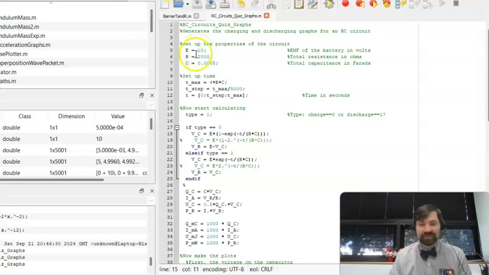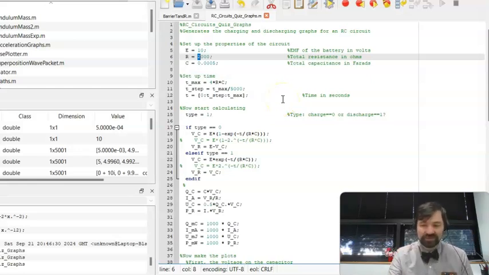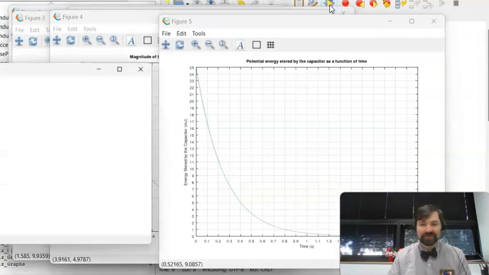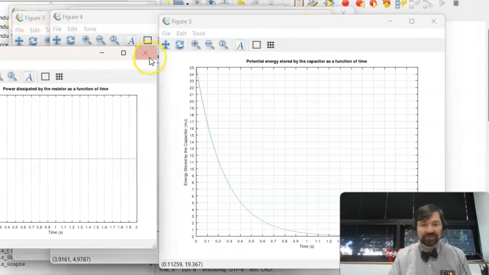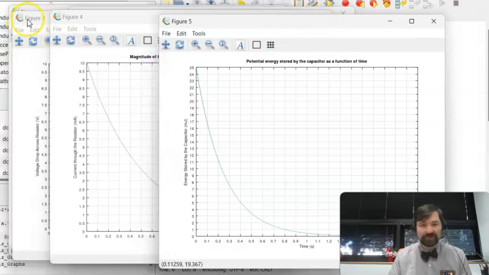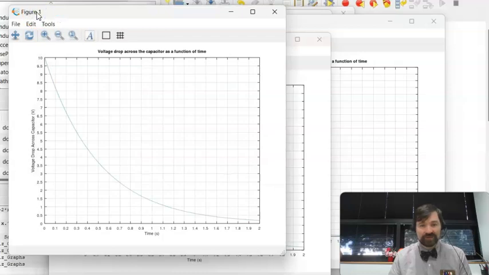Let's see what happens if we change the value of R from 2,000 to, let's say, 1,000. If I rerun this, I get a bunch of new graphs again, and they look pretty similar.